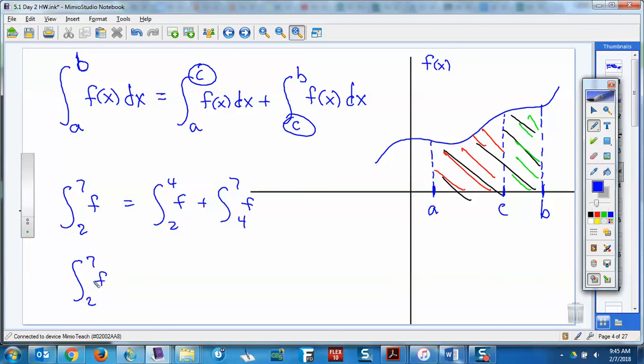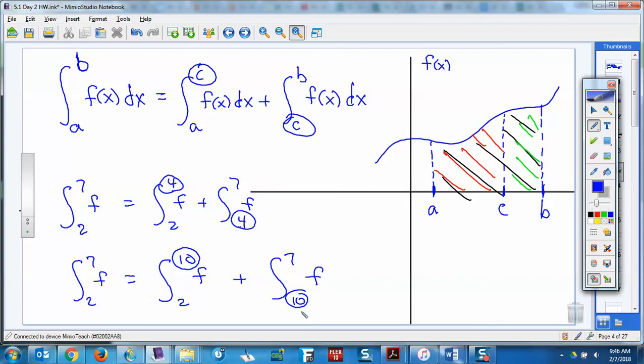The area from 2 to 7 is equal to the area from 2 to 10 plus the area from 10 to 7. Again, notice how the 4 is in the place where the C is. Here the 10 is in that same place. According to this rule, this should be a true statement. So let's think about this.